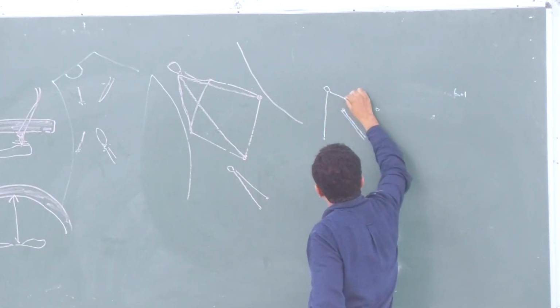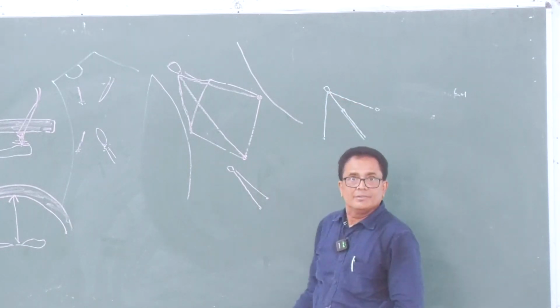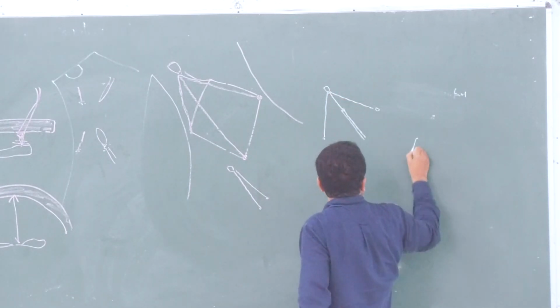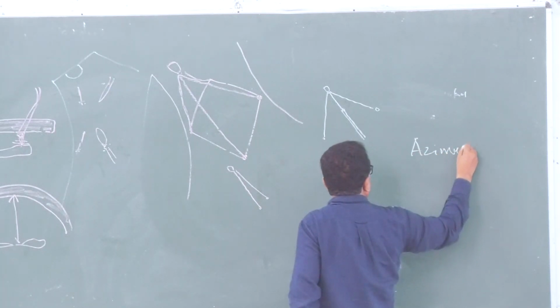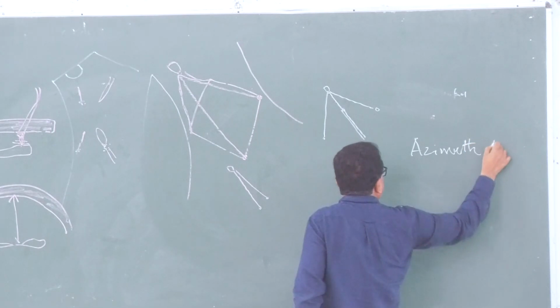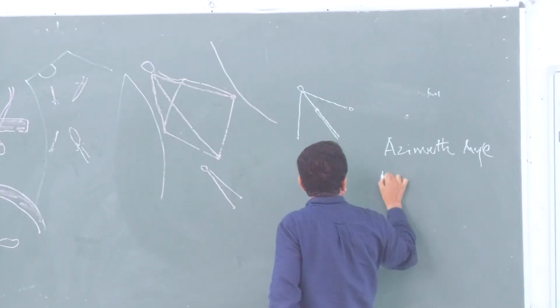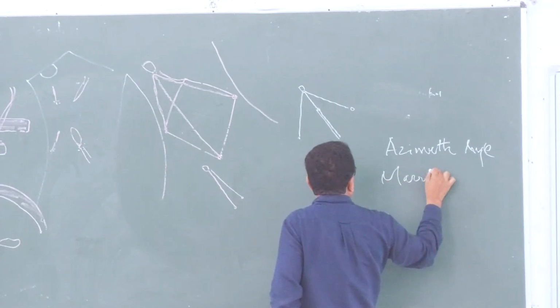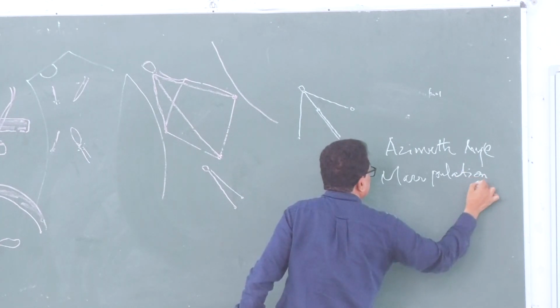This is one instrument, this is another instrument, and here is the direction of the light. Those who want to appear for a gold medal and all this, they can. One is the azimuth angle, the other is called the manipulation angle.